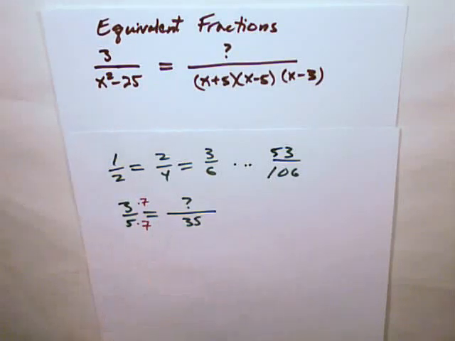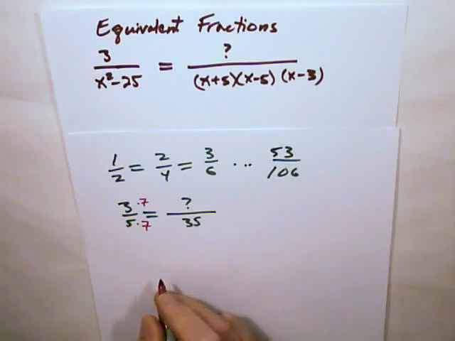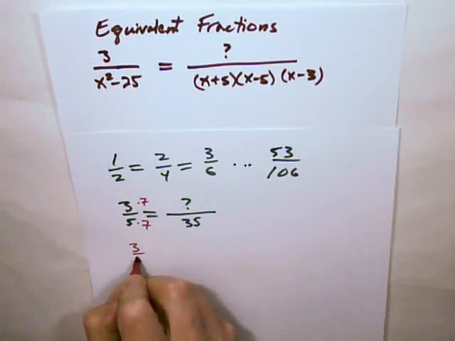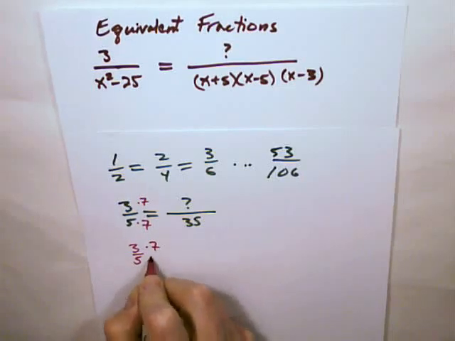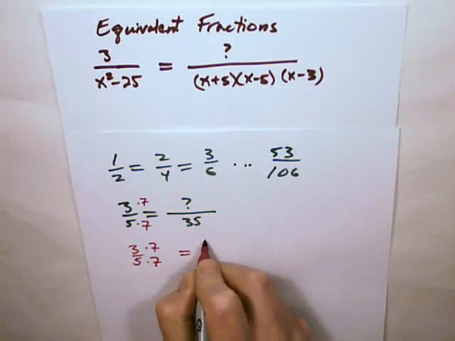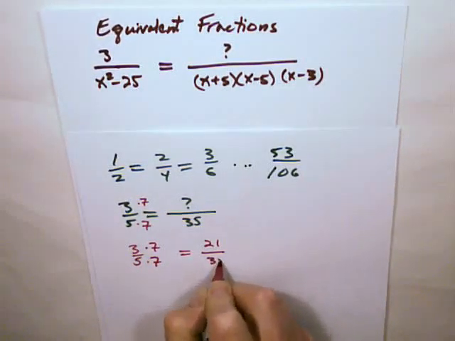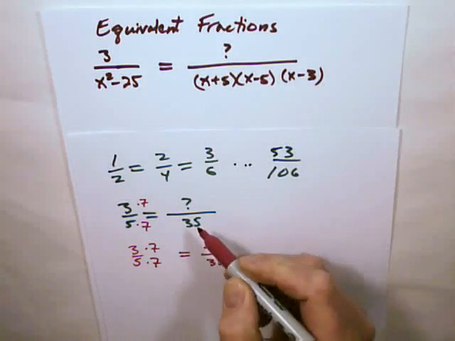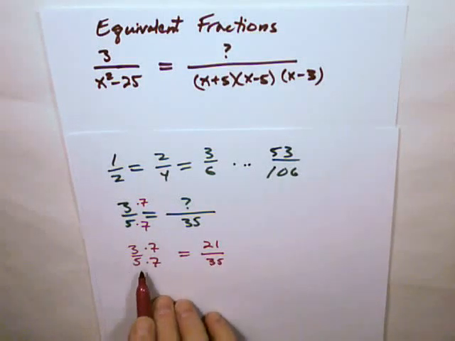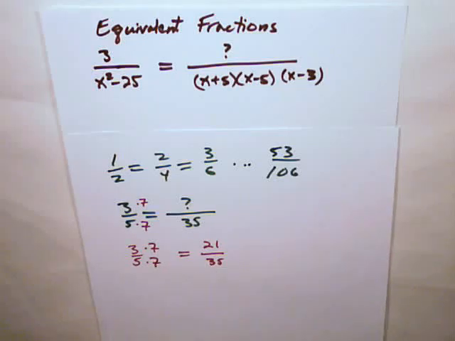So I multiply 3 by 7 also. So this now will become 3 times 7 over 5 times 7, which is 21 over 35. And so I've expressed this 3/5 as an equivalent fraction with a denominator of 35.